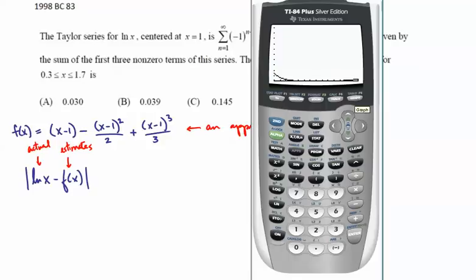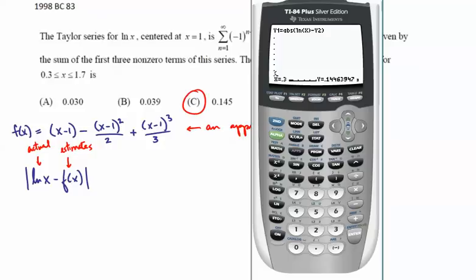And you can see in there, on that interval, the highest point definitely is over at the left endpoint, and that would be at 0.3. So we can do second calc and find the value at x equals 0.3, and it says that it's 0.1446, which rounded to 3 decimal places is 0.145.